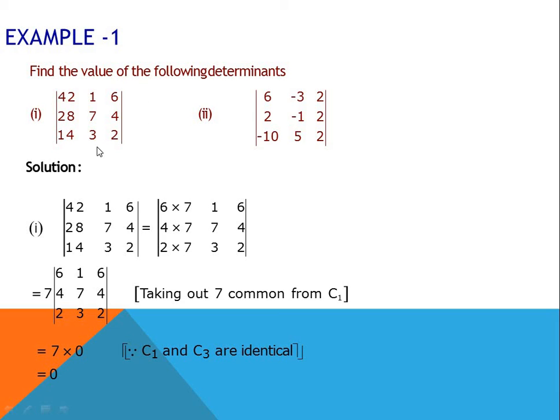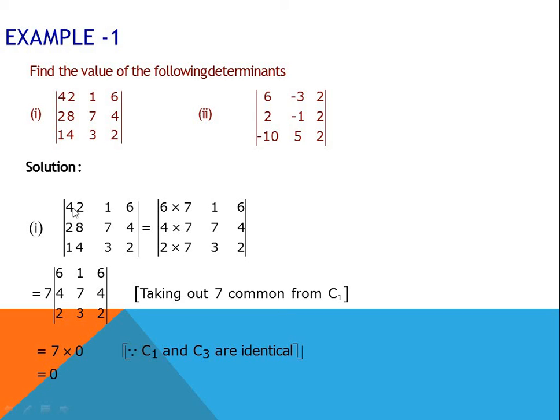Now, whenever you come across a determinant, you need to remember one thing. You need to check whether something is common in the rows or columns. If something is common in a row or column, then you have to take it out so as to reduce the determinant. For example, consider the first column.